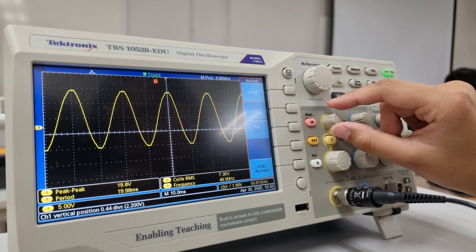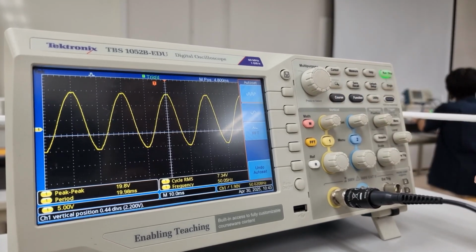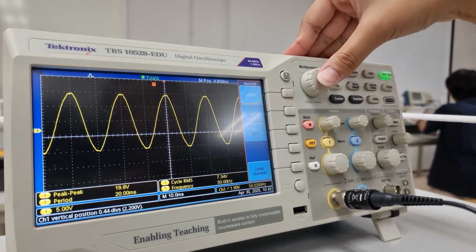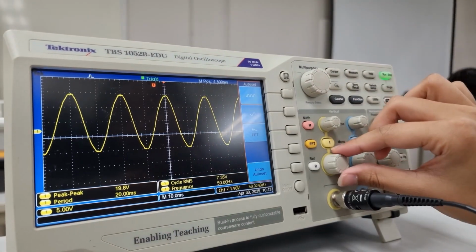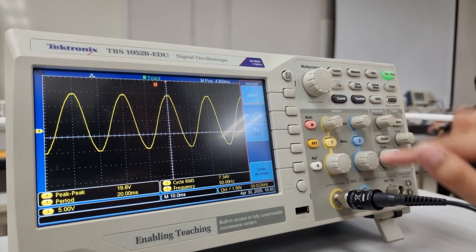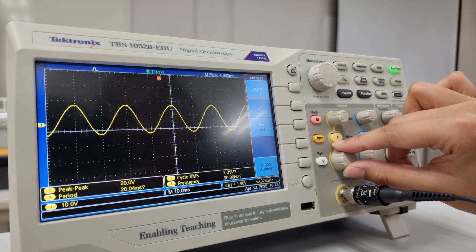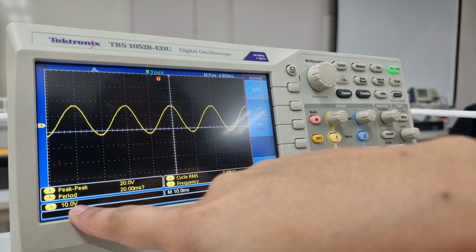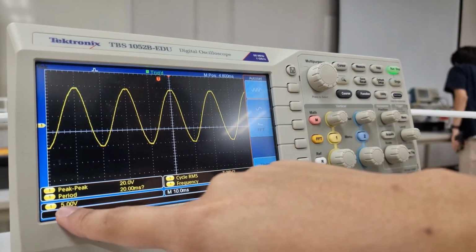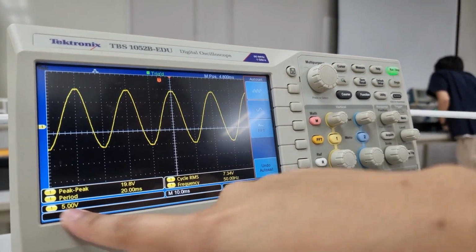Move up and down a little bit. And this is to scale up and down for the voltage division. You can see 10 volt, 5 volt. You can adjust it here.